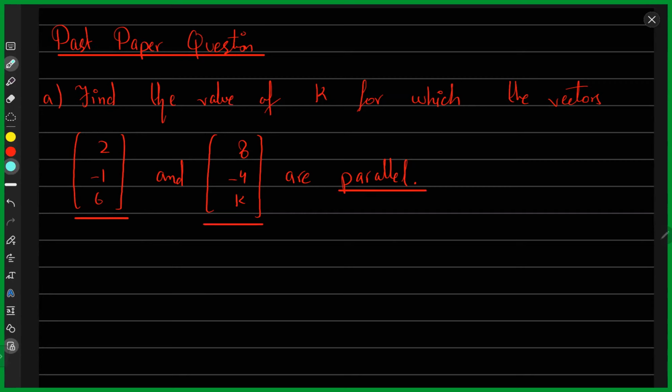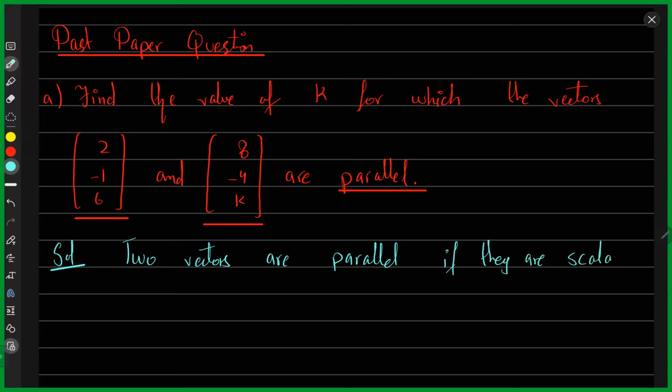So first of all, let's talk about when exactly two vectors are parallel. Two vectors are parallel if they are scalar multiples of each other.